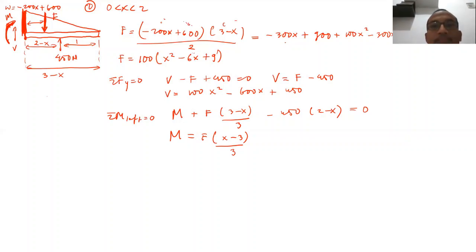Then what else? Plus 450 multiplied by 2 minus x. Okay, so this is our moment equation.